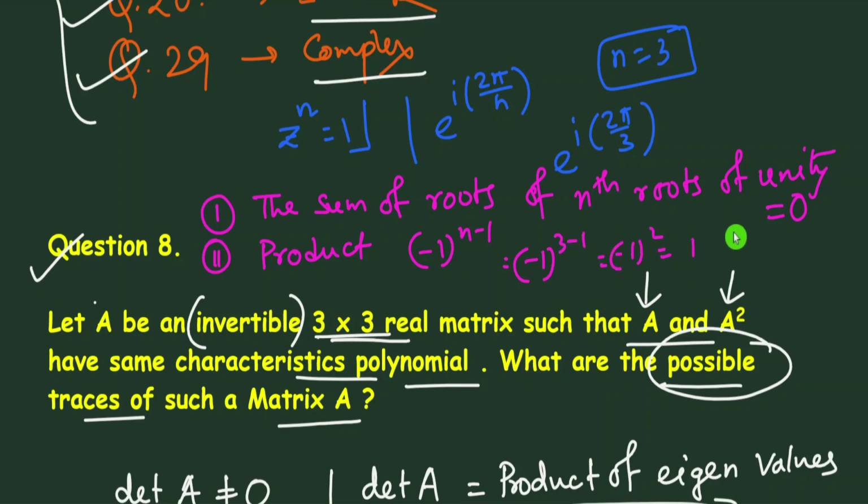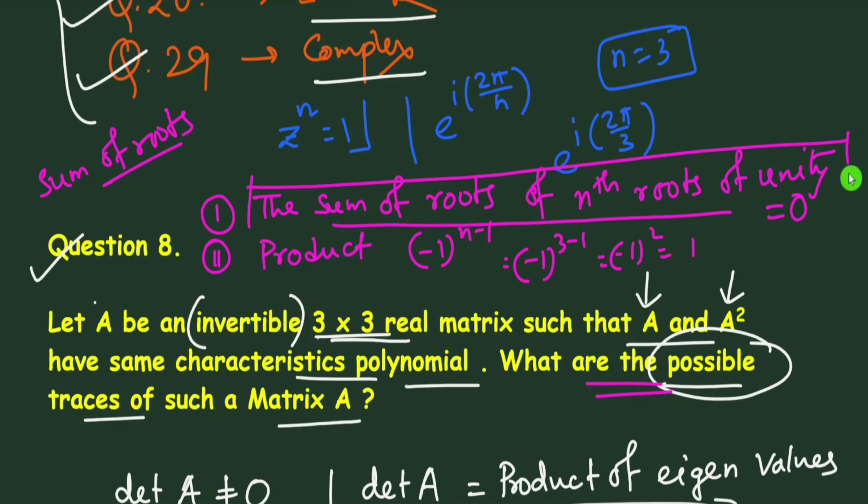Clear? So now we have to calculate the trace, and trace means we know that the sum of roots of the characteristic polynomial or characteristic equation, the sum of roots, is equal to these roots of unity. That means the sum of nth roots of unity is equal to the sum of roots of the characteristic equation, which is clearly 0.